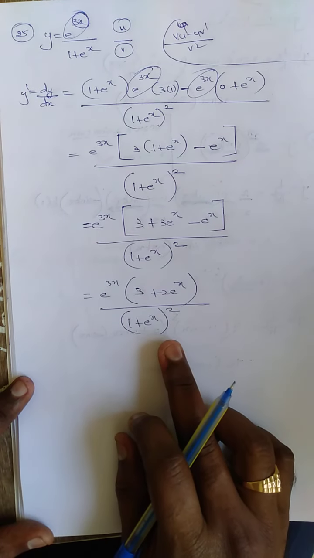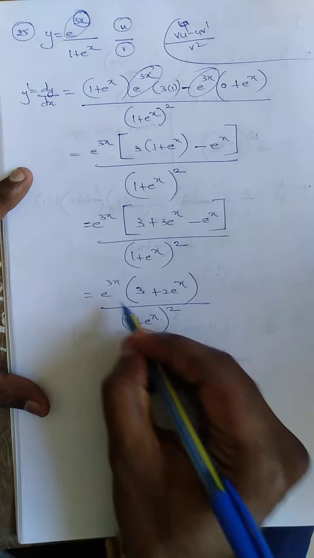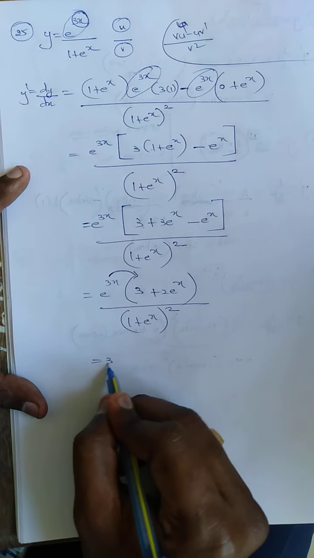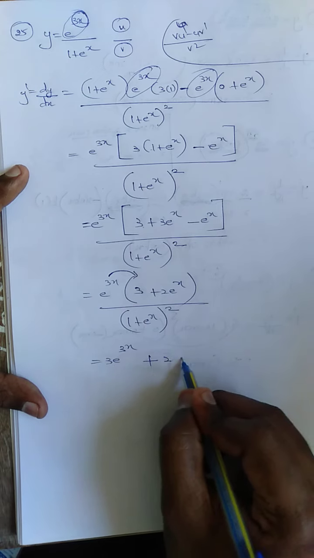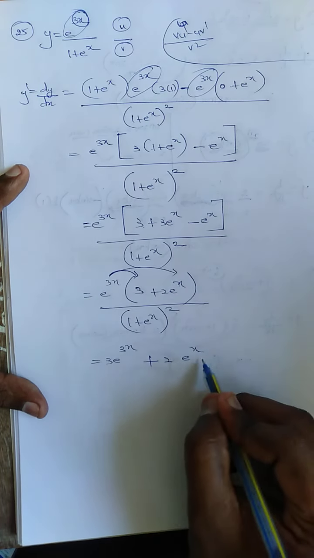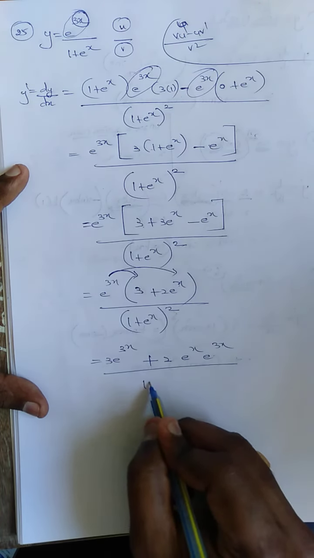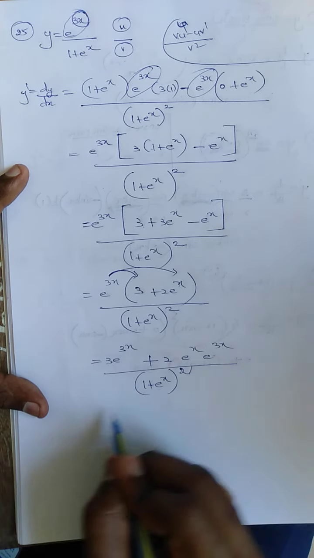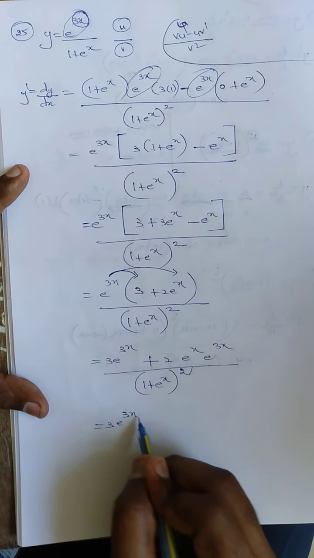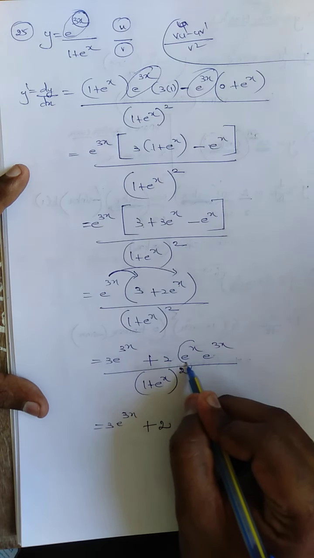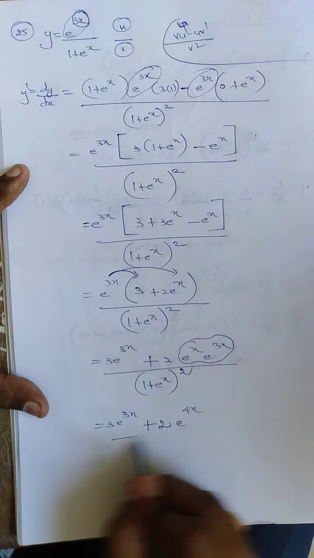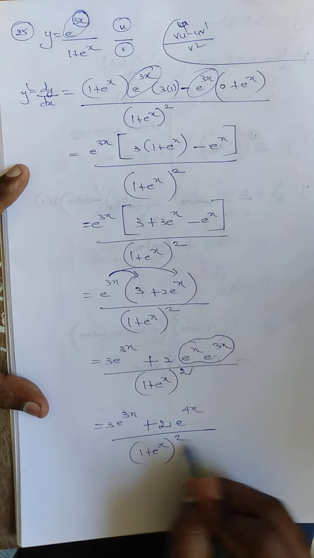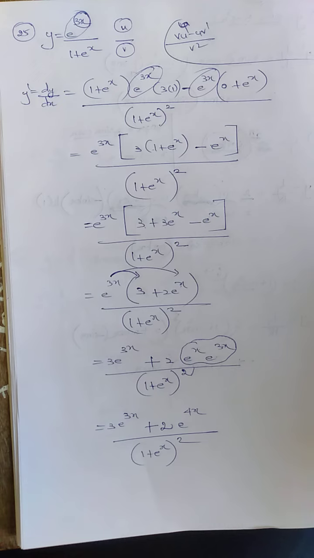You can stop the sum here also, otherwise you can proceed by multiplying here: 3 e power 3x plus 2 e power x times e power 3x, which gives 3 e power 3x plus 2 e power 4x, divided by 1 plus e power x the whole square. You can stop the sum here itself.